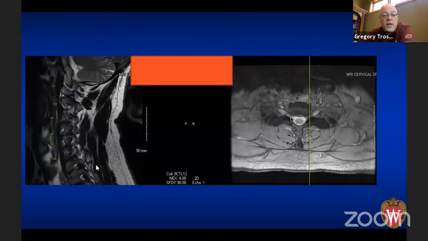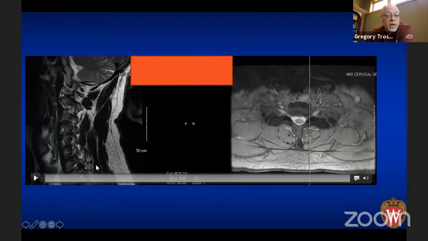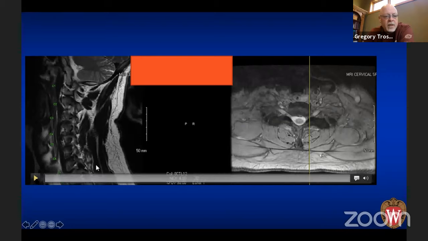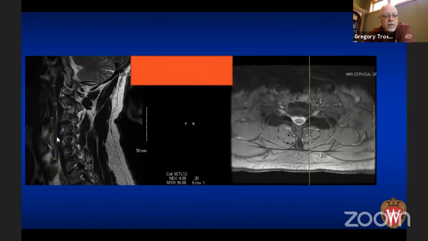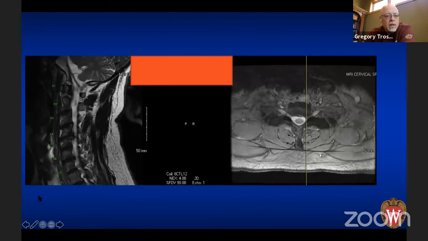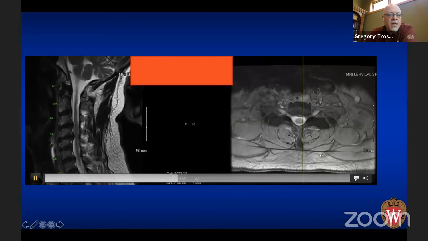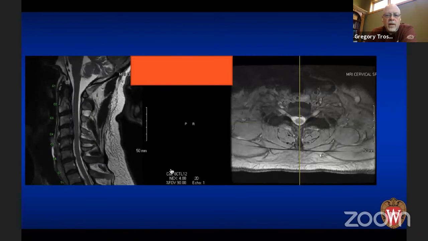All right, so here's another patient, and I'm going to show you several images here. This is a 61-year-old man who clinically sounds like he has either a C5 or a C6 radiculopathy. Hopefully as we play this, you'll see multiple images as we move side to side.